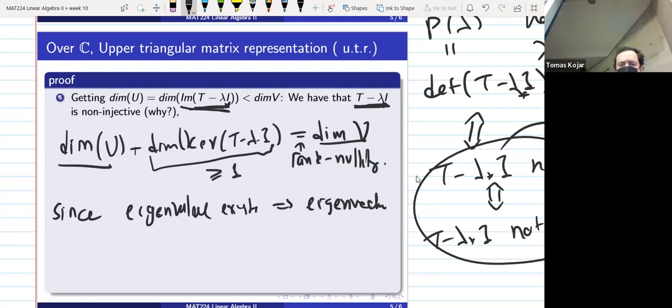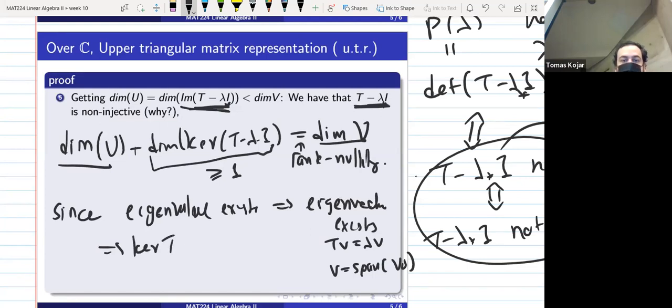Namely, you can write Tv equals lambda v for all v in the span of some v_0. And so you get that the kernel of T minus lambda I contains the span of v_0. And dimension is an increasing function.